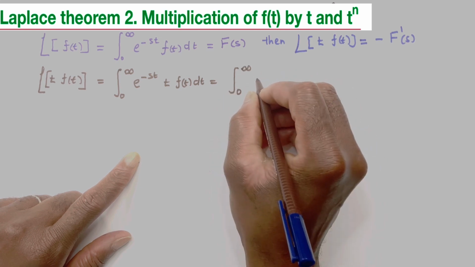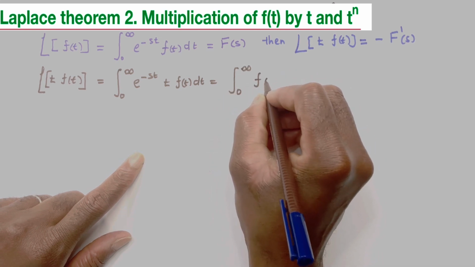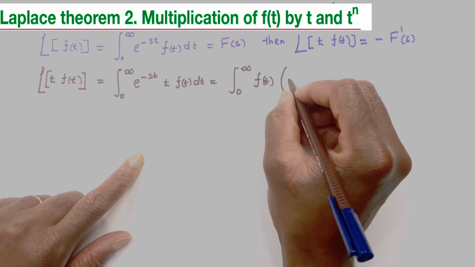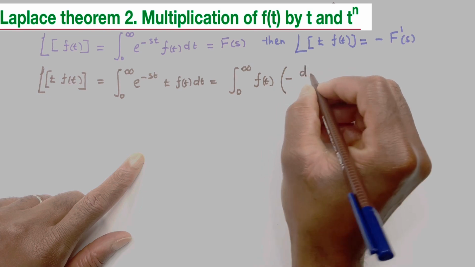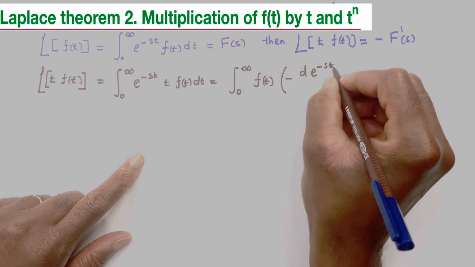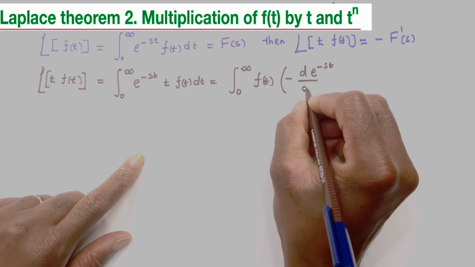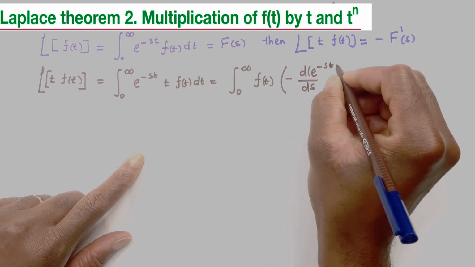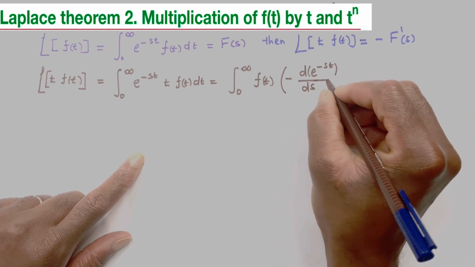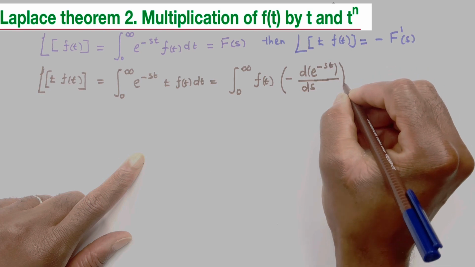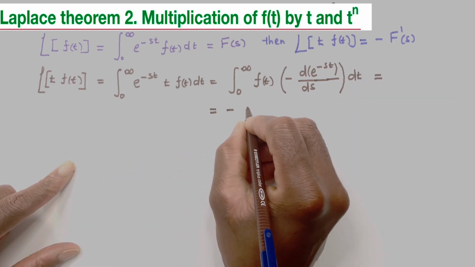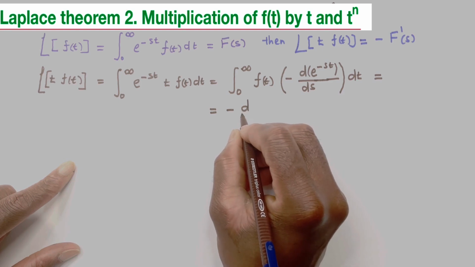We write down the f of t first, and then the open bracket minus derivative of e to the power minus st with respect to s, and then close bracket, t equal to minus d ds.